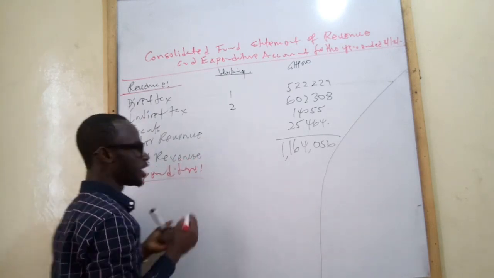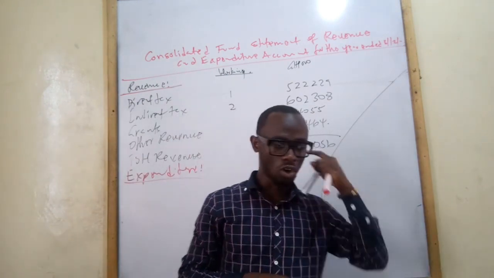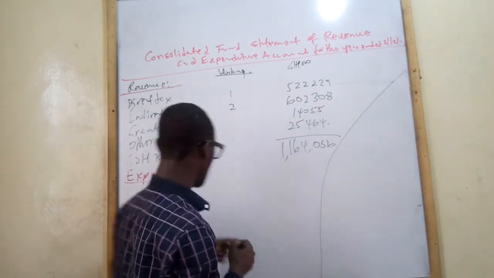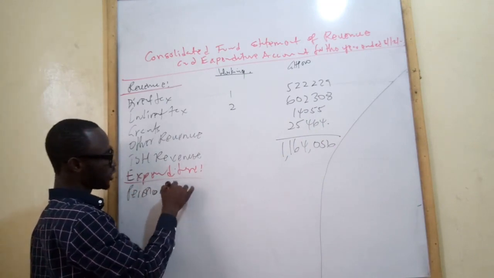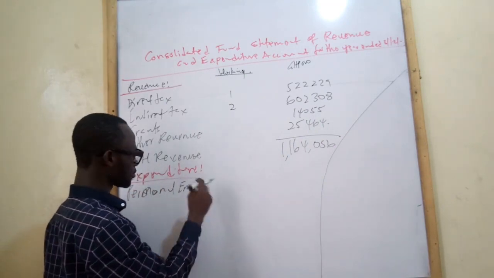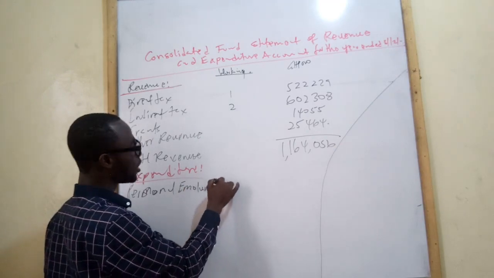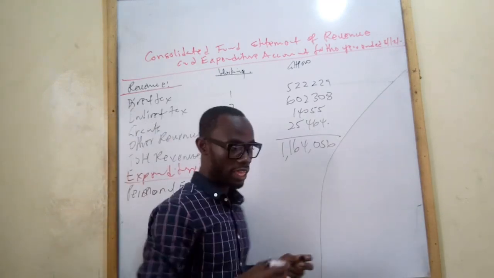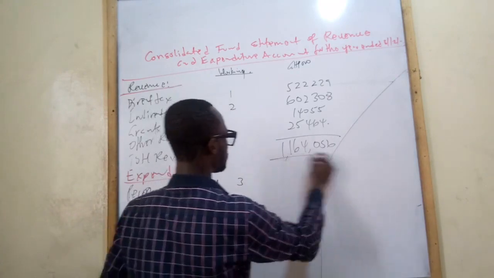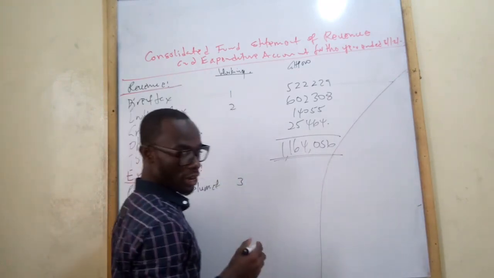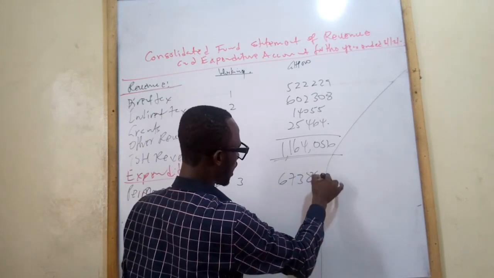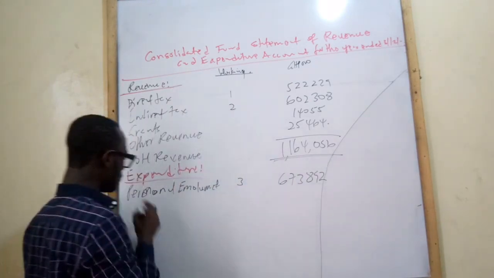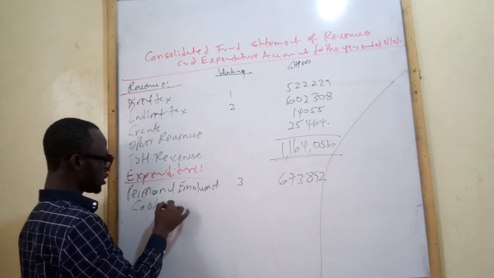Remember the expenditure workings we did? We did workings for personal emolument or employment and compensation of employees. So personal emolument will be workings 3, and we can bring that as 673,892. And then we saw goods and services.